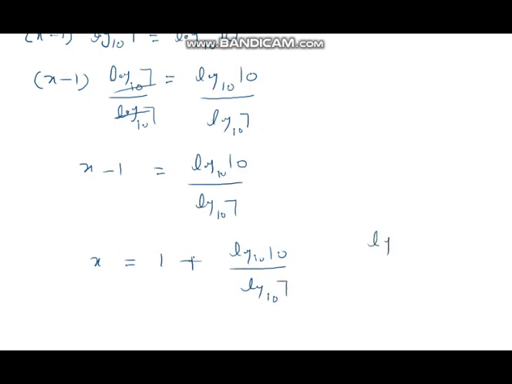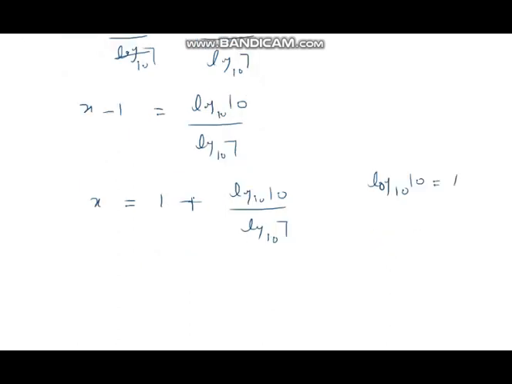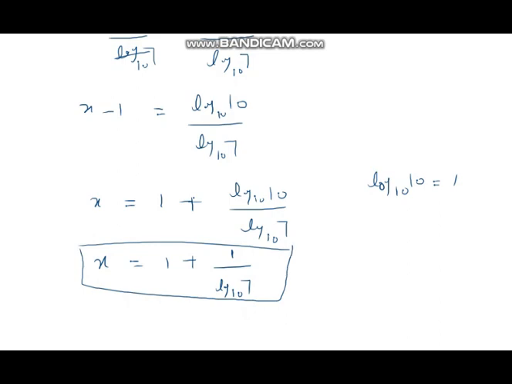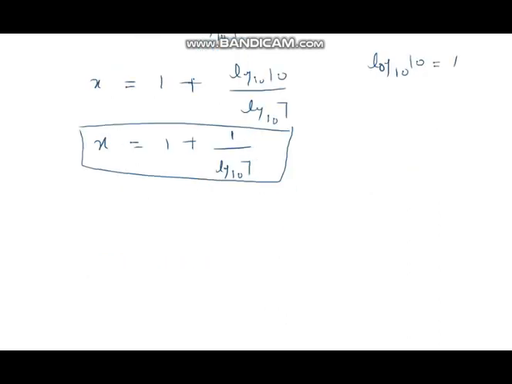We know that log base 10 of 10 is equal to 1. So we have 1 plus 1 over log base 10 of 7. This is the solution of the above exponential equation. Now we will check it.